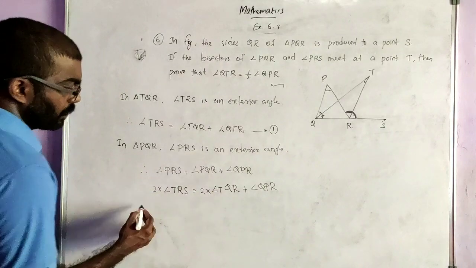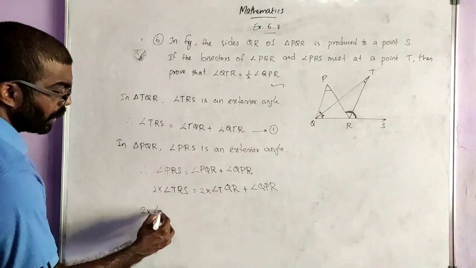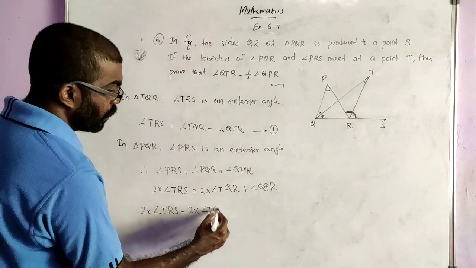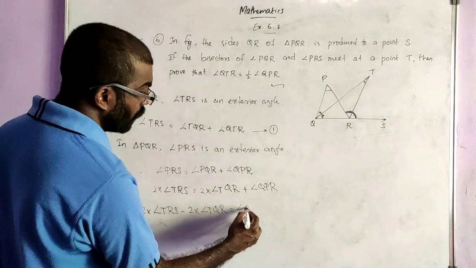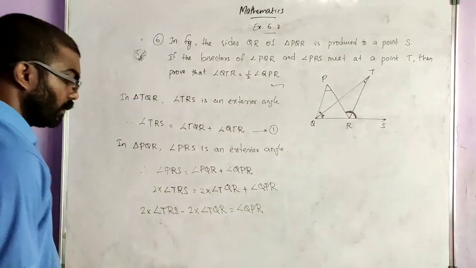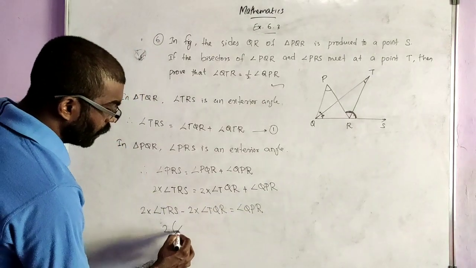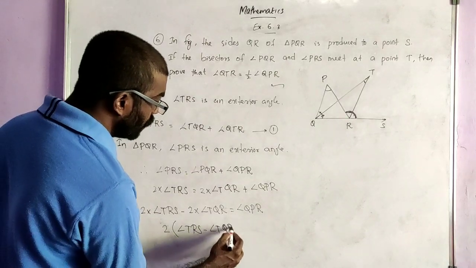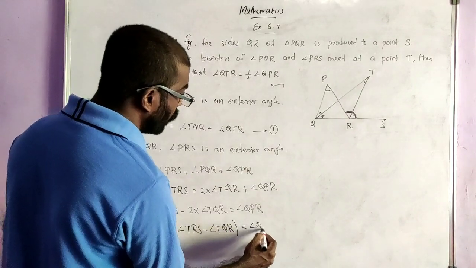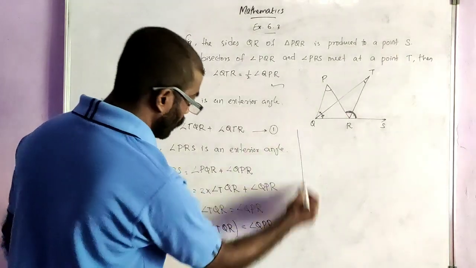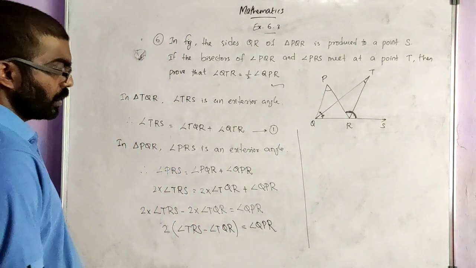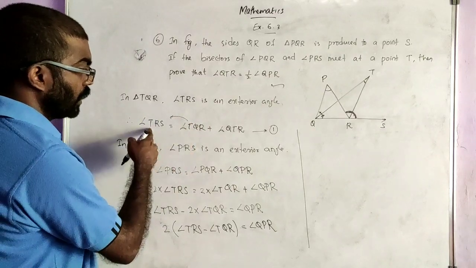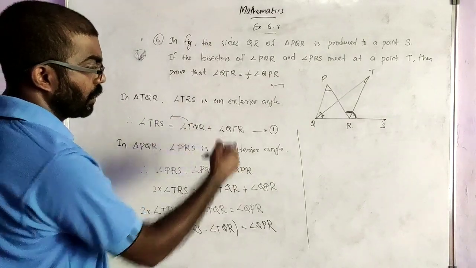We can take this term to the left side: 2 into angle TRS minus 2 into angle TQR is equal to angle QPR. From this we can take 2 common: 2 into (angle TRS minus angle TQR) is equal to angle QPR. From equation 1, angle TRS minus angle TQR will be equal to what?